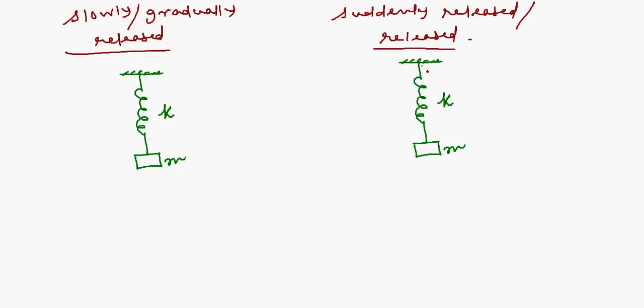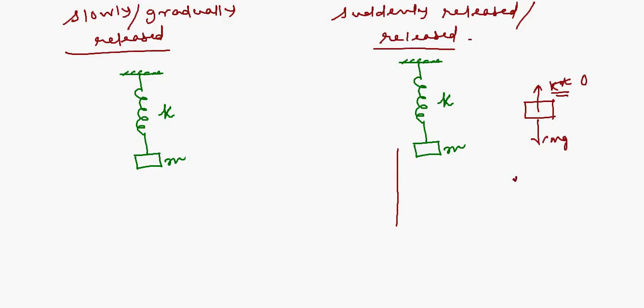Now let's discuss the situation where the block is suddenly released. At any point, if you draw the free body diagram, then mg is acting downwards and kx is acting upwards. Initially this kx was 0, but as the spring gains extension, the kx will go on increasing.